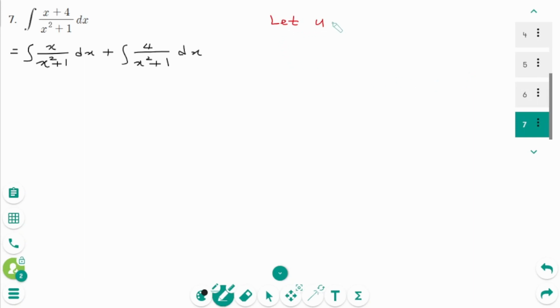Let u equal x squared plus 1. Differentiate each side: du equals 2x dx. There is only x dx, so divide by 2 on each side: du over 2 equals x dx.